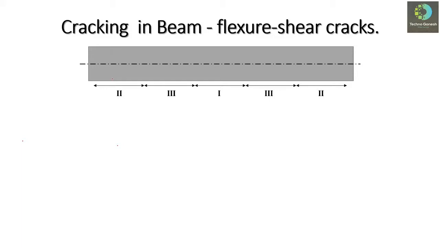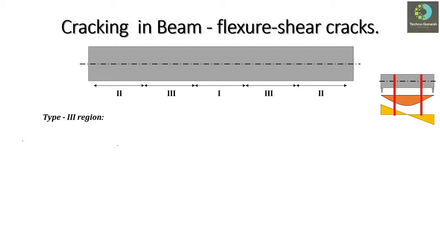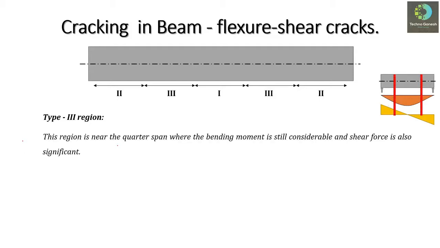Now we are going to discuss the crack formation in region 3. This type 3 region will be found in the quarter span of the beam.